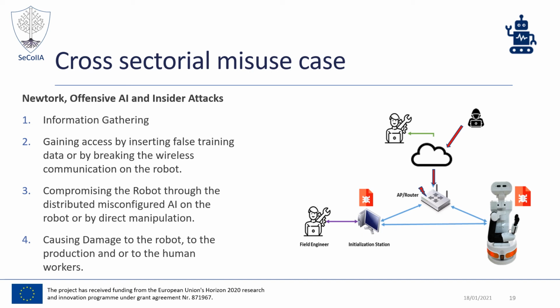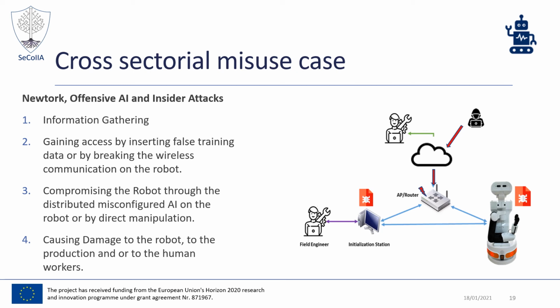After he has some access to the network, then he starts compromising the robot itself through the distributed misconfigured AI algorithms on the robot or by direct manipulation. So he will send scripts to the robot and start teaching the AI how to misbehave, or either just access the robot itself and change the configuration files within the robot so the robot starts misbehaving.